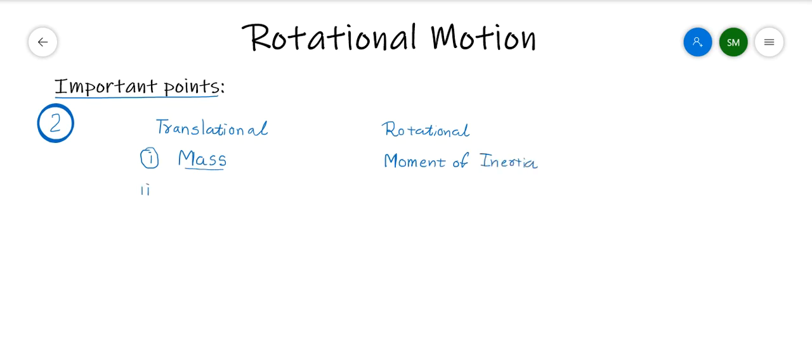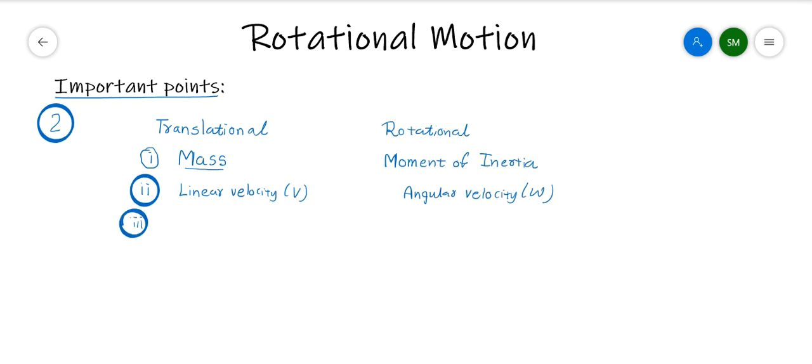In translational motion, whatever is the role of linear velocity v, that role is played by angular velocity in rotational motion, that is omega.